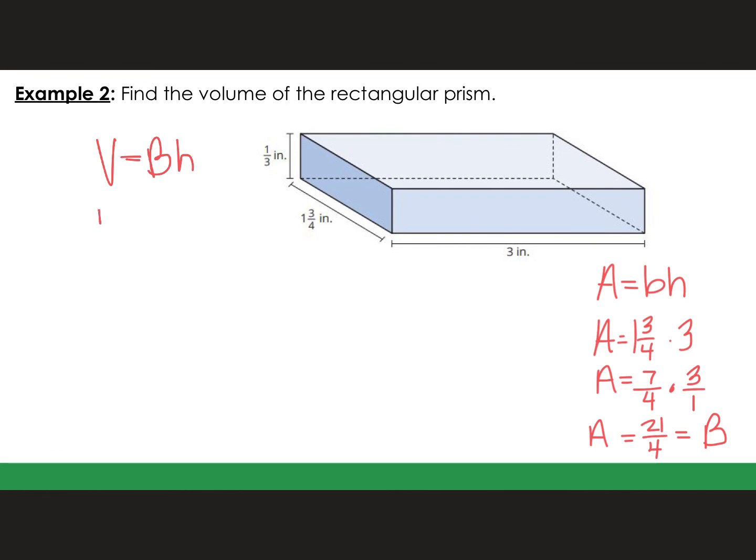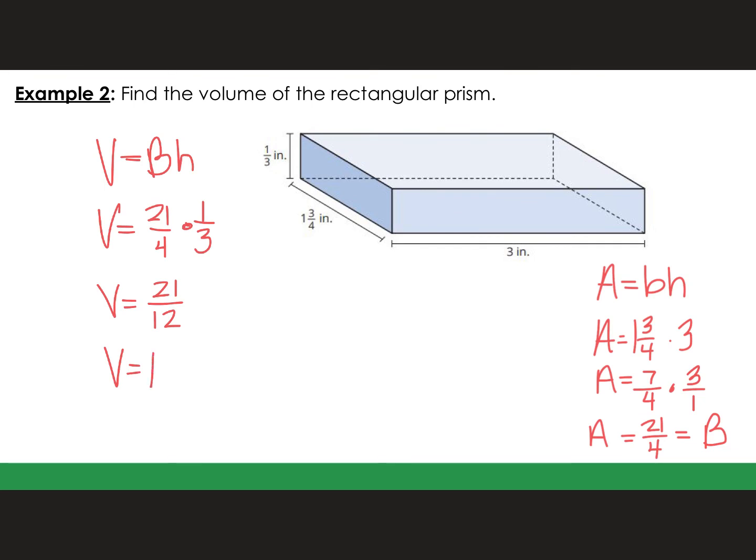So I'm going to come back to my volume formula, plug in my big B, which is the area of the base, 21/4, times my height, which is 1/3. Multiply straight across again, so I have 21/12. I can change that back if I'd like to.